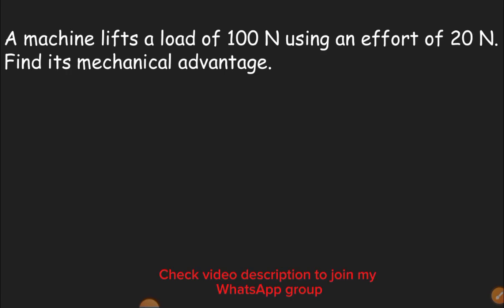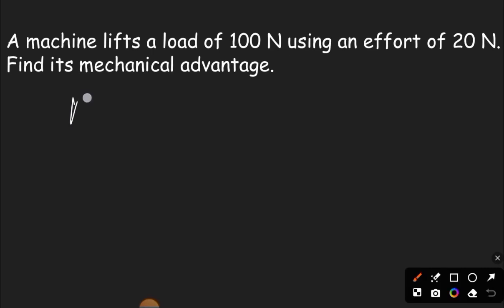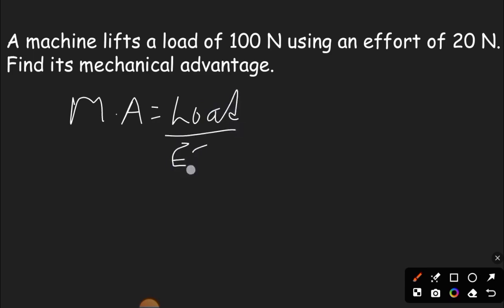Now in the second part of this series, we are looking at mechanical advantage. Mechanical advantage is the ratio of load to effort. So in the question we have a machine lifts a load of 100 Newton using an effort of 20 Newton.